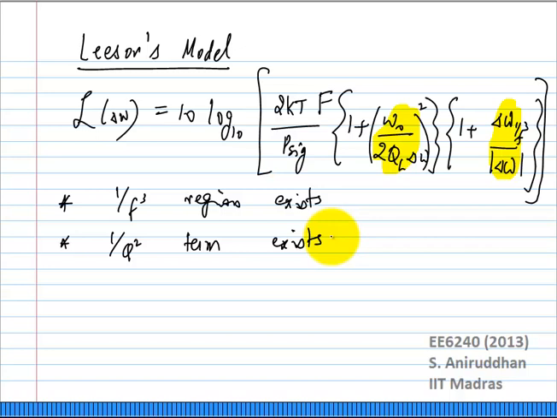Okay, now we know that this is not really Q but QL, that's why I wrote it as QL, which is the loaded Q. So first of all, this term itself is loaded. When people normally say loaded Q, they refer to the fact that if you just take a resonator, it may have some Q by itself, which may be 5 or 6 or 10.